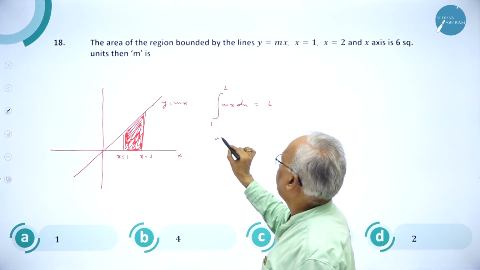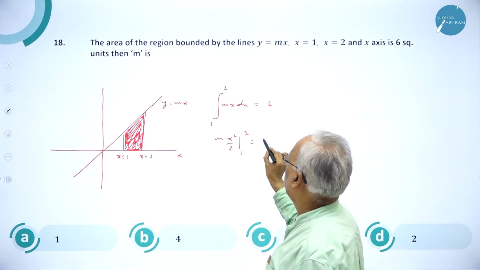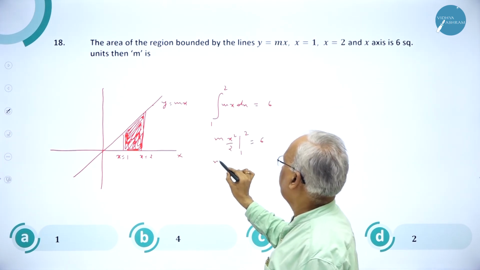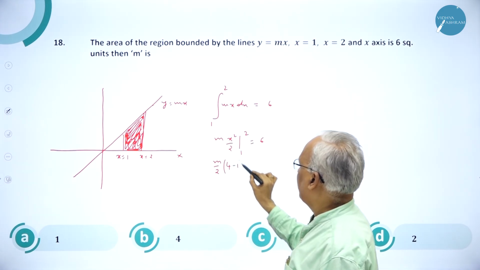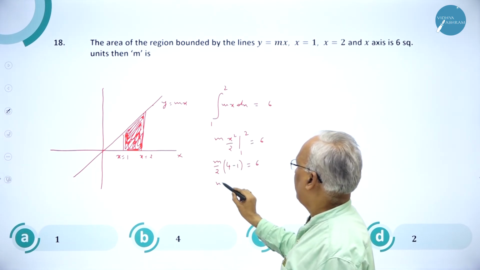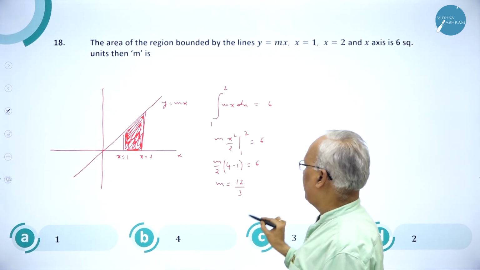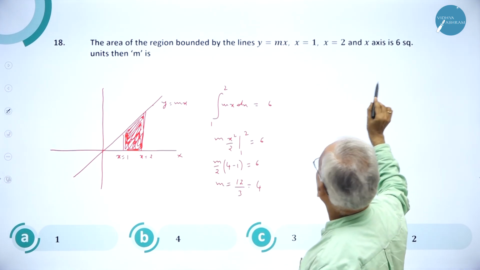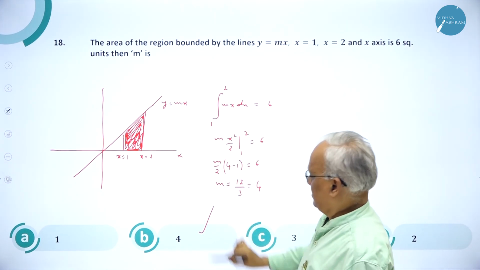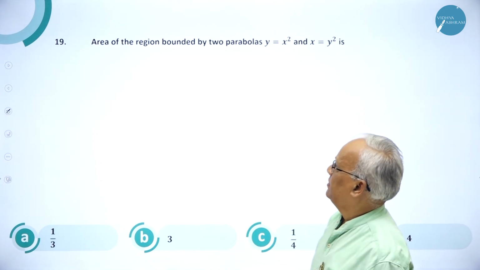Therefore, m into x squared divided by 2 between 1 and 2 is equal to 6, or m by 2 into 2 squared 4 minus 1 is equal to 6. Therefore, m is equal to 6 into 2, 12, 12 divided by 3, which is equal to 4. Therefore, the value of m is 4. So, that's the answer. Now, question number 19.